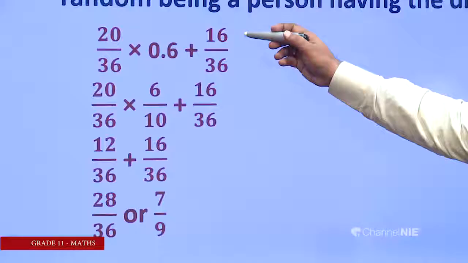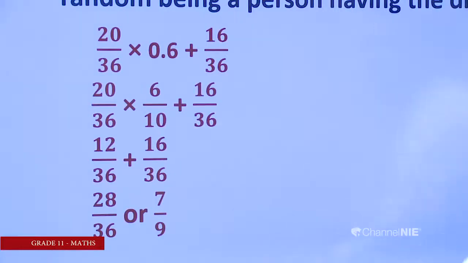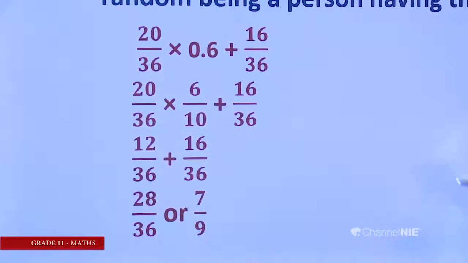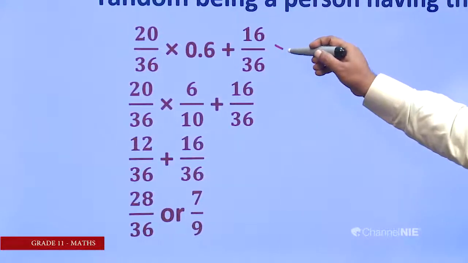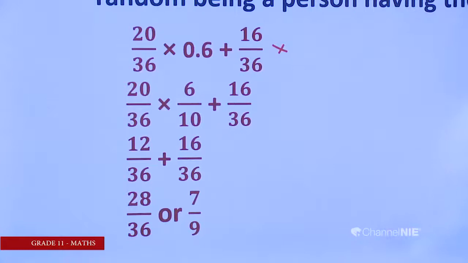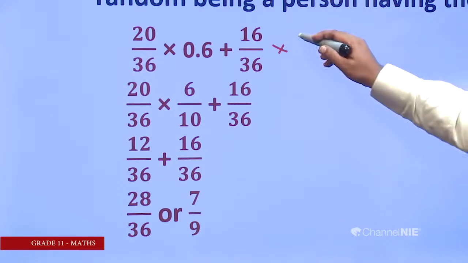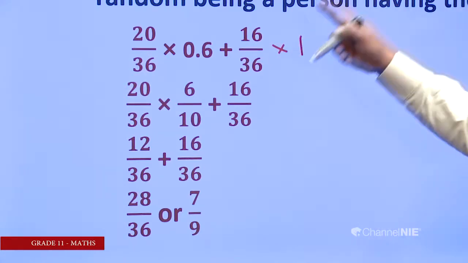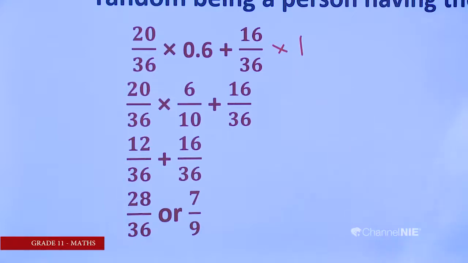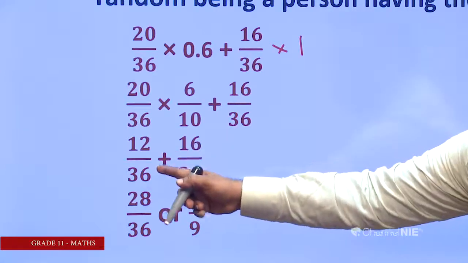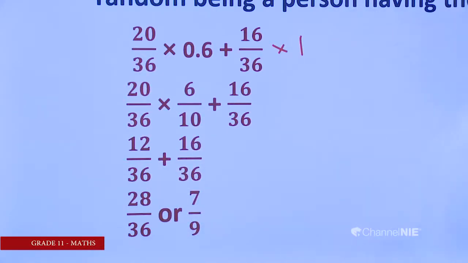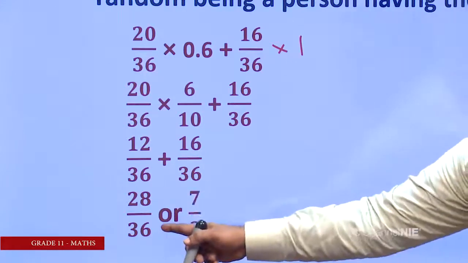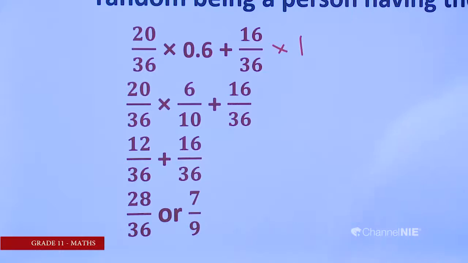Here being a female, 16/36. Here you have to multiply this fraction by the probability. All the females had the disease, it means probability is 1. 16 multiplied by 1 is 16/36. Here 12/36 plus 16/36. After simplifying, 28/36 or 7/9.